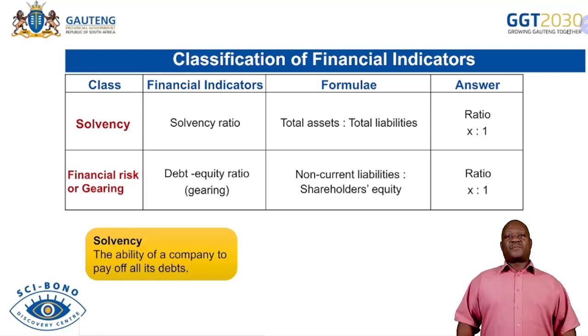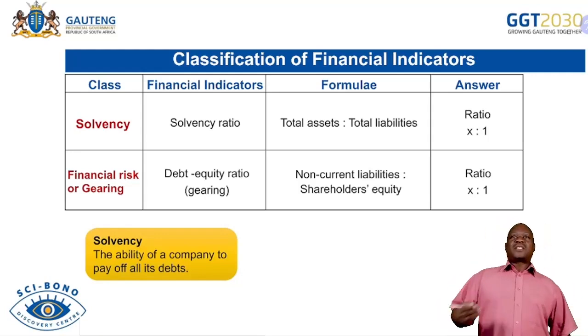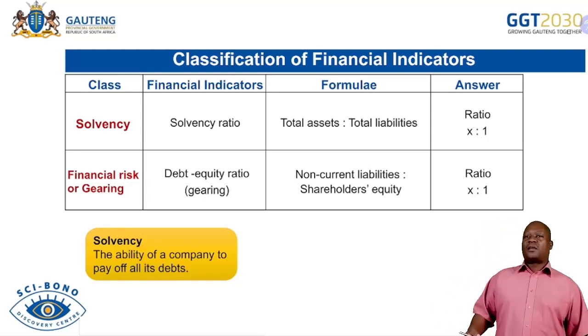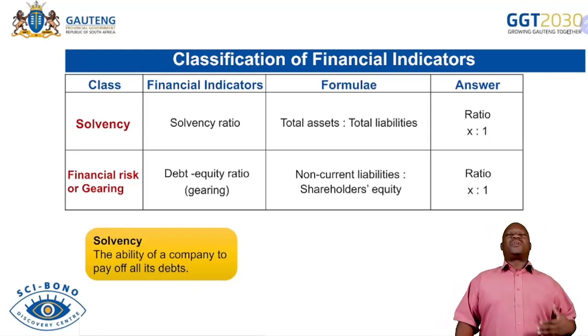So please always expect it. Check the formula. Non-current liabilities as to shareholders' equity. Remember, the shareholders' equity side is always going to be 1, and then it means it should be 0 point something on the left-hand side.